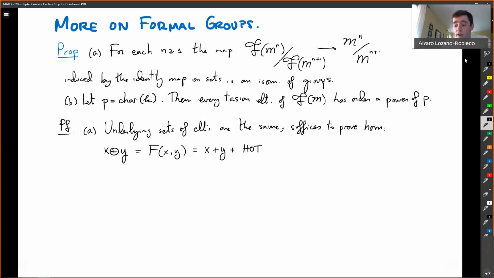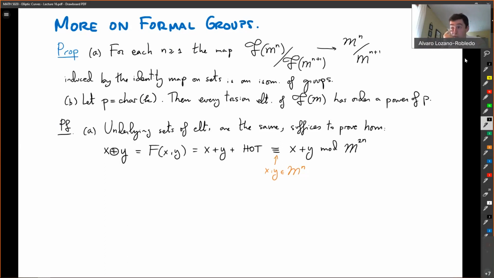And if x and y now are in the nth power of the maximal ideal, then the higher order terms are going to be at least a square, so they're going to be at least in the 2nth power of the maximal ideal. So this is just congruent to x plus y modulo m to the 2n.